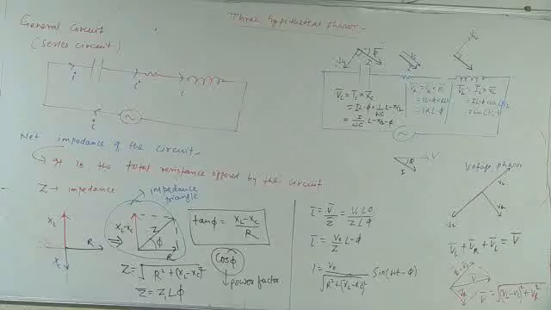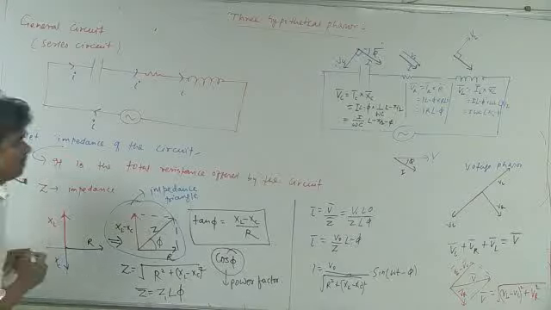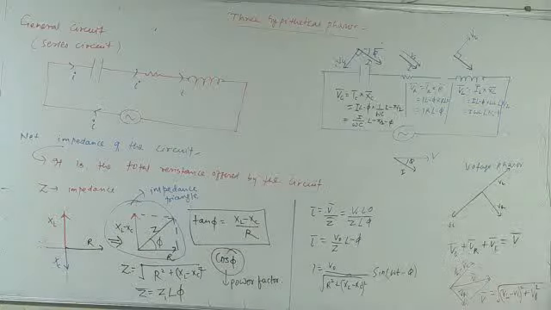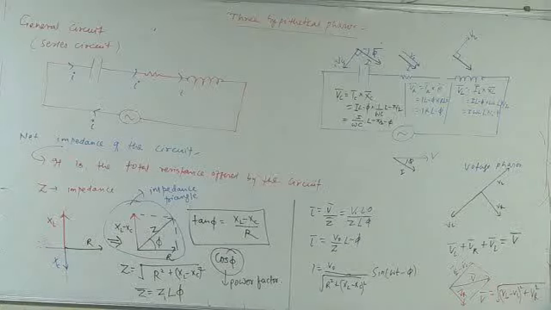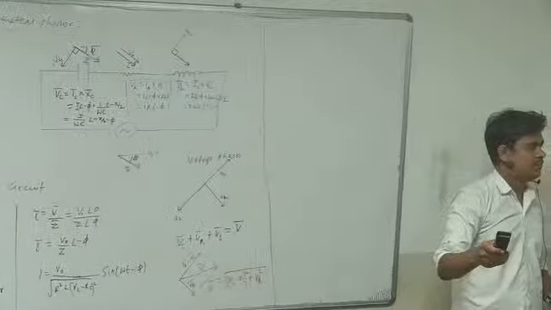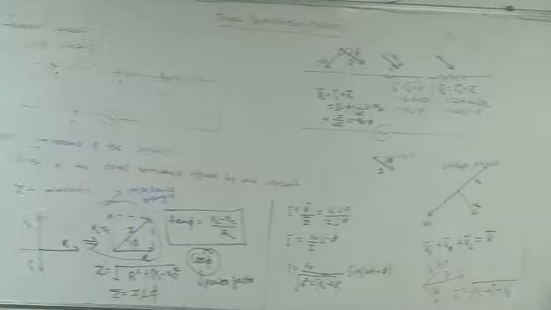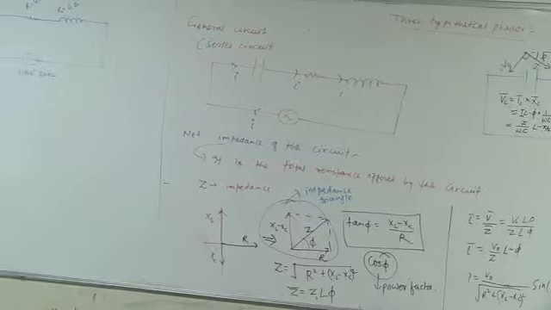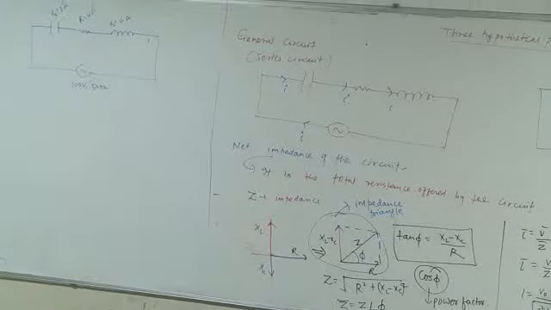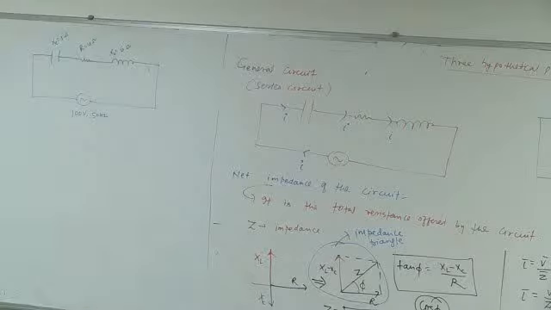XC is 3 ohm. No, XL is 6 ohm and R is 4 ohm. This is the question.